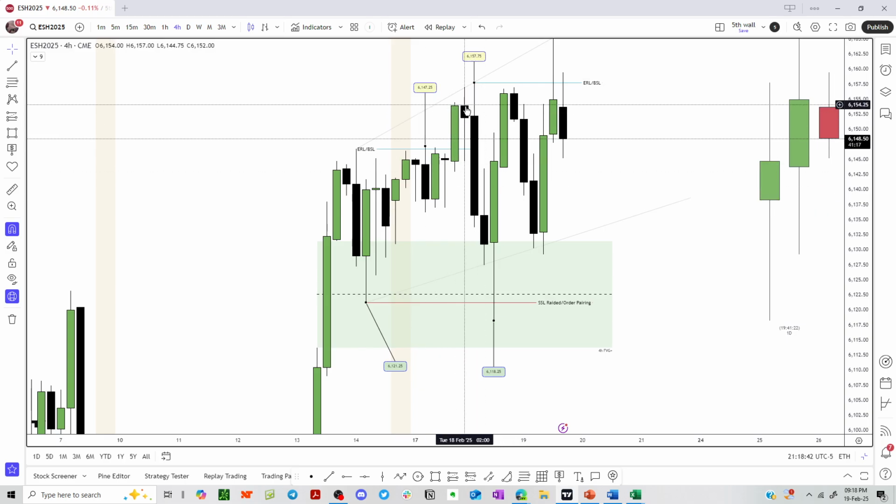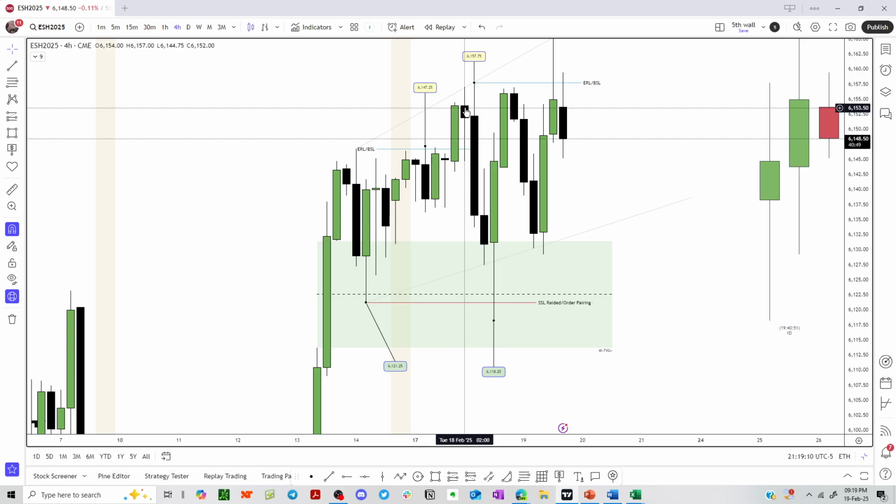Like I said before, the bodies tell the stories and the wicks do the damage. Also, another key element is that the bodies of the candle have the bulk of the volume. One of the PD arrays, I think it's a rejection block.